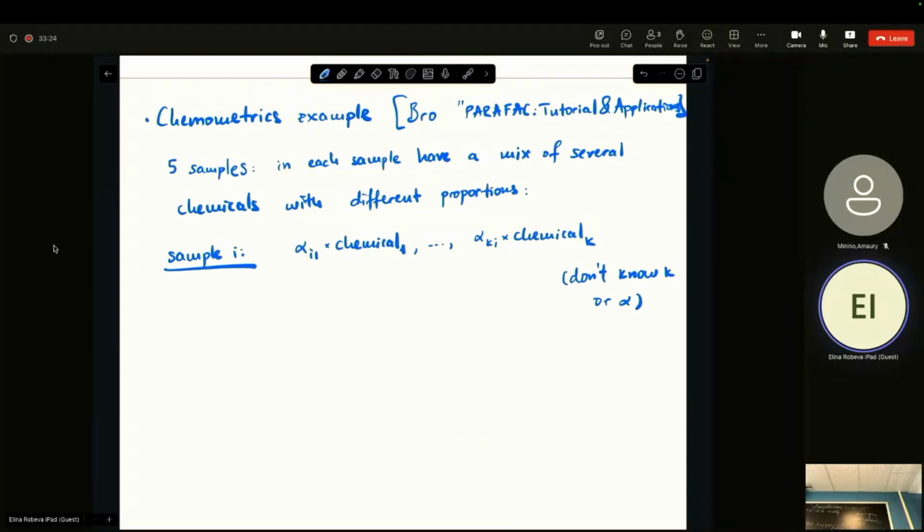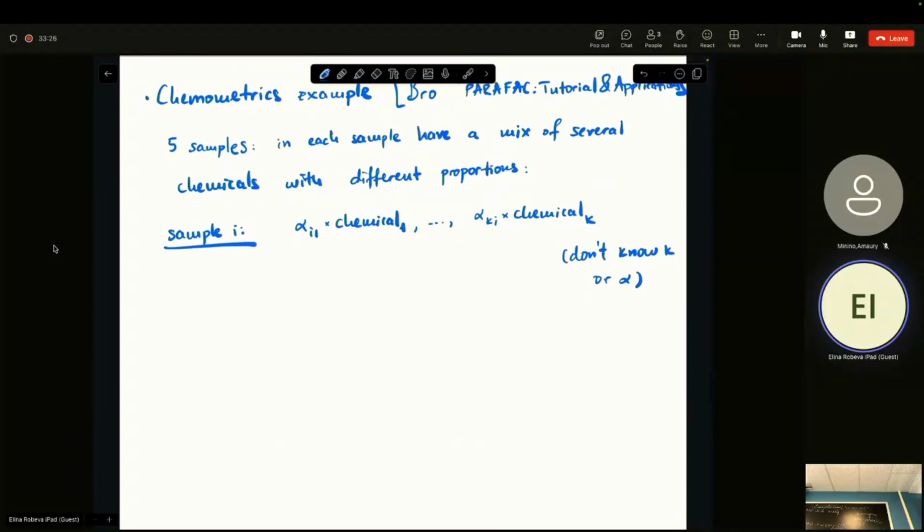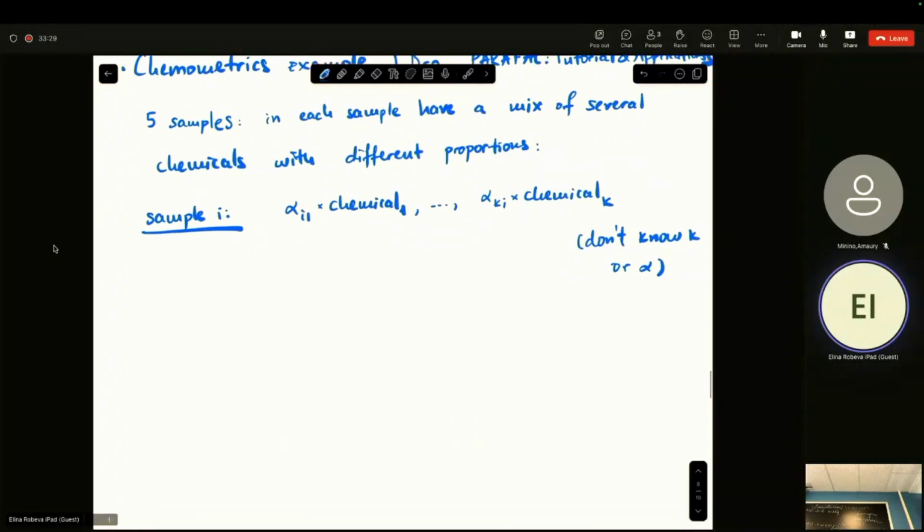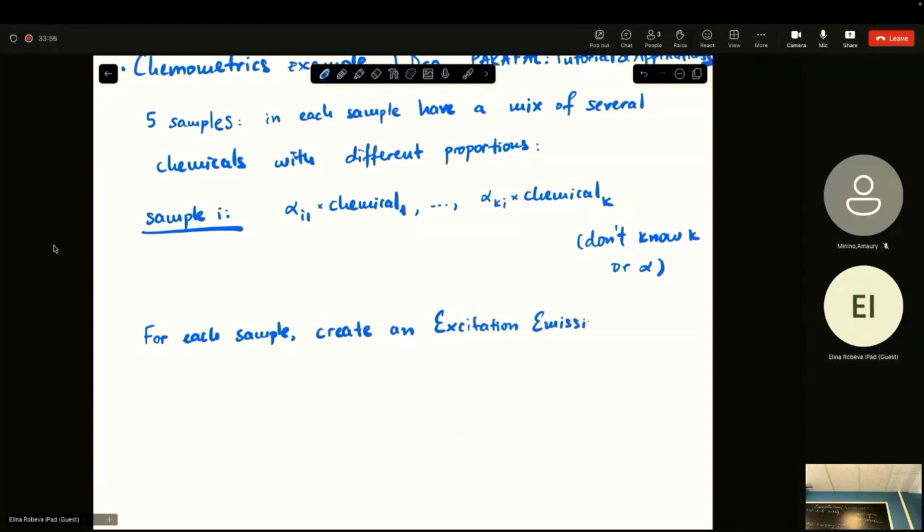And so what you could do in chemistry, which I am a complete non-expert on, is you can find something called the excitation emission matrix, or EEM.